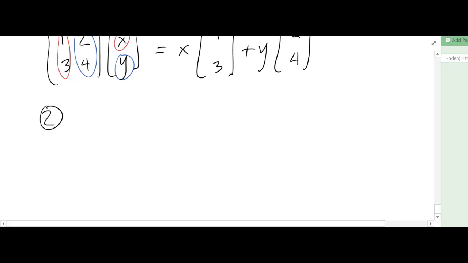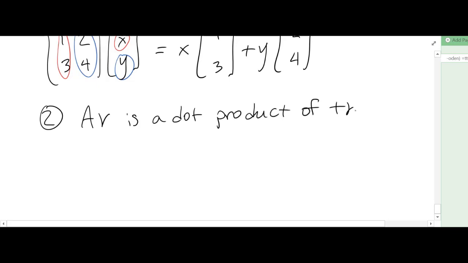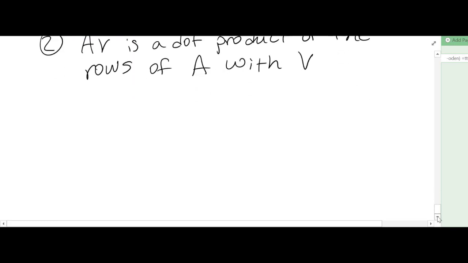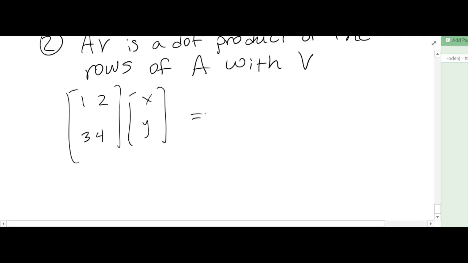Another way is by noting that AV is a dot product of the rows of A with the vector V. So if you compute this product, one way we can do it is by taking the whole first row and multiplying it by the column as a dot product.